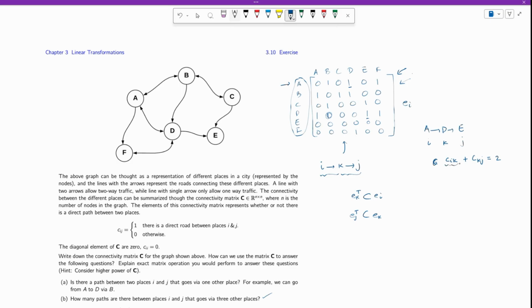So the way I can find out Cik, if you were to take the matrix notation format, then I would see what? Transpose.